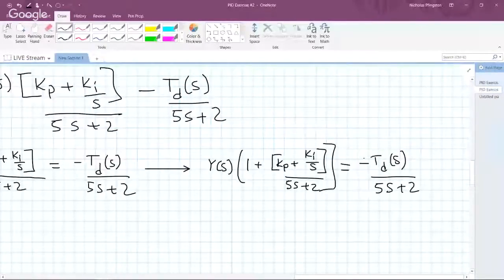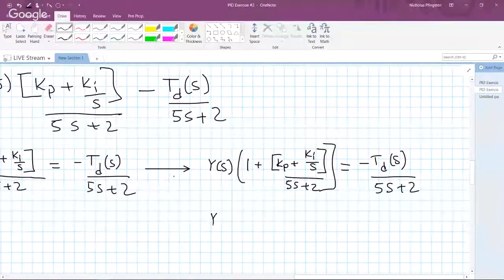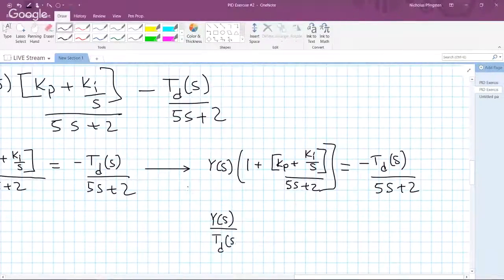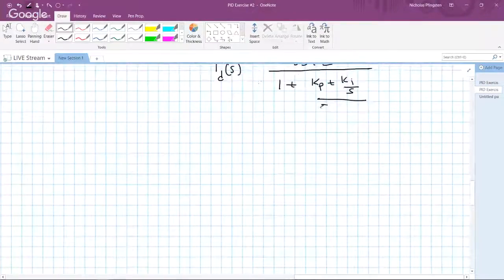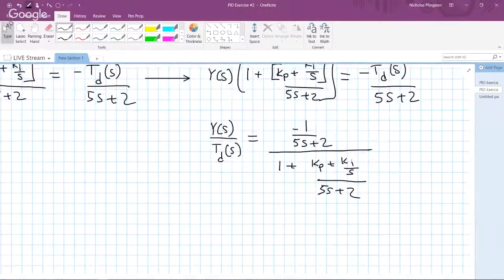All right, now we can create our transfer function, which will look something like this. Y of s all over Td of s will equal -1 all over 5s plus 2, 1 plus kp plus ki over s all over 5s plus 2. All right, there is that expression.